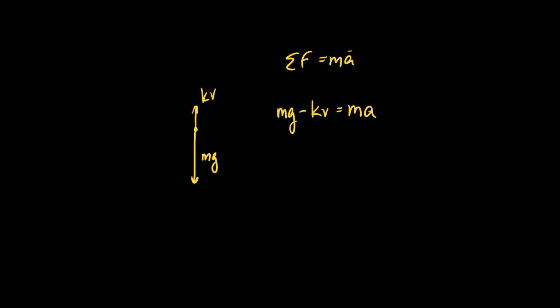Now here's where you need to be careful. They said we want a differential equation that could give us velocity as a function of time. We need to relate velocity and time together. I'll point out that our net force equation relates velocity and acceleration together. You guys see that pretty clearly? It doesn't talk about time.